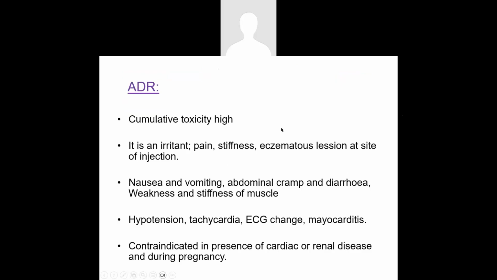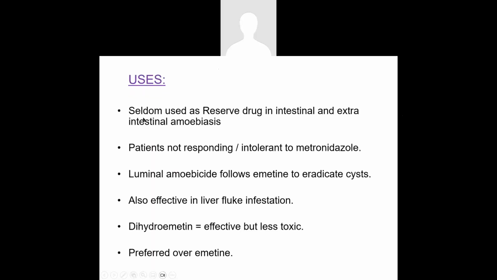The toxicity: side effects include pain, irritation, eczematous lesion at site of injection, nausea, vomiting, abdominal cramps, hypotension, tachycardia, ECG changes and myocarditis, so it's contraindicated in the presence of cardiac or renal disease or during pregnancy.